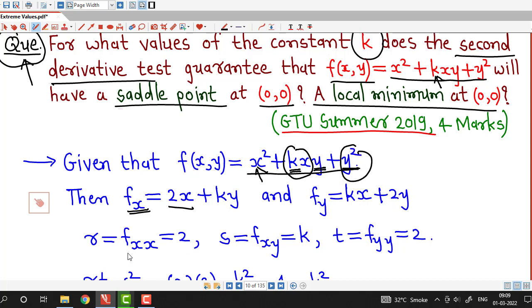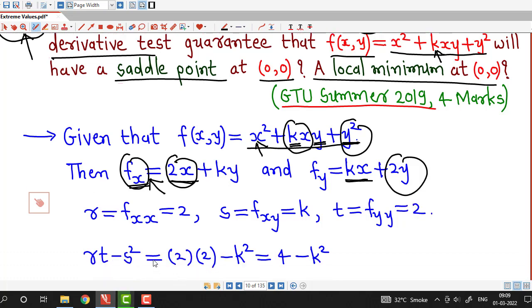r means the derivative of ∂f/∂x with respect to x, that is 2 plus 0. s means the derivative of ∂f/∂x with respect to y, so this has 0 derivative plus k. And t equals ∂²f/∂y², so here the derivative of kx is 0 and the derivative of 2y is 2. Now we decide rt minus s². r is 2, t is 2, so we write 2 into 2 minus the square of s, that is k², so we obtain 4 minus k² at any point (x,y).